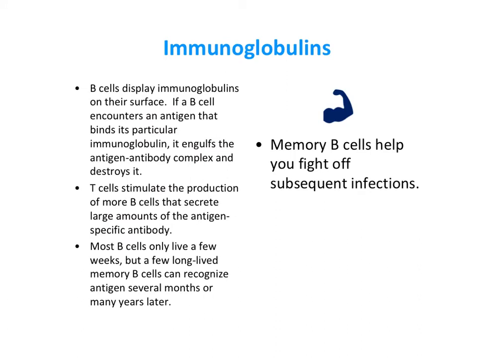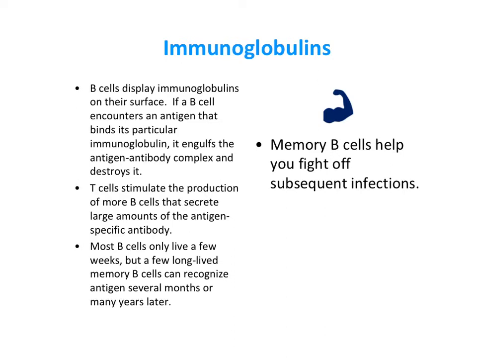Antibodies are also known as immunoglobulins, and they are displayed at the surface of B cells. When a B cell encounters an antigen that binds to its particular immunoglobulin, it will then engulf the entire antigen-antibody complex.